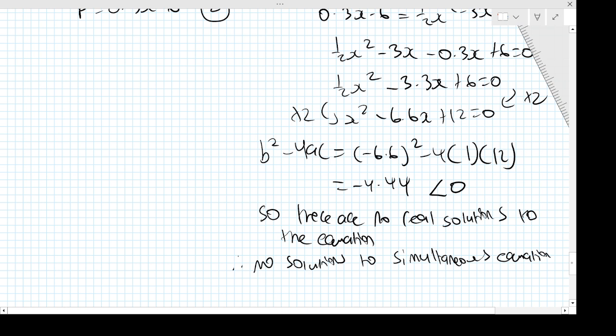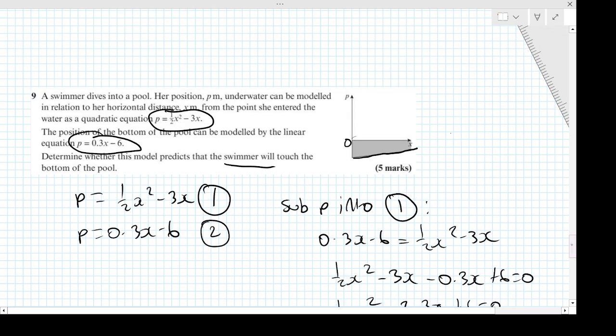which means that if we consider plotting these two graphs, because there's no solutions to these two equations when they cross, that means they can't cross, right? Because there's no solutions to simultaneous equations, and we discussed right at the start that when two curves cross, their graphs intersect.